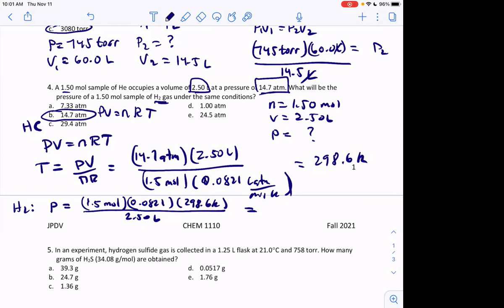What is it? Did you figure out another way to do it? Temperature's in the question? So how would you do it? That's what I started to.